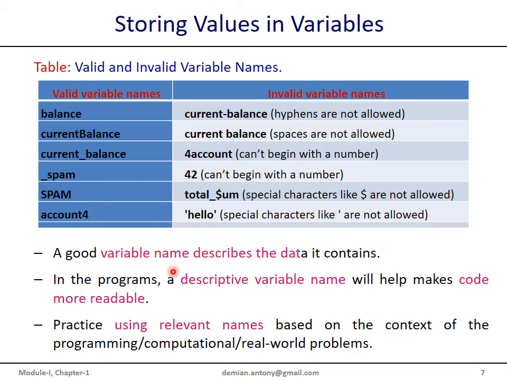A good variable name normally describes the type and the structure of data, or we can say the context of the data it contains. In programs, a descriptive variable name will help other programmers as well as the readers of a code to understand the flow as well as the logic of the program.